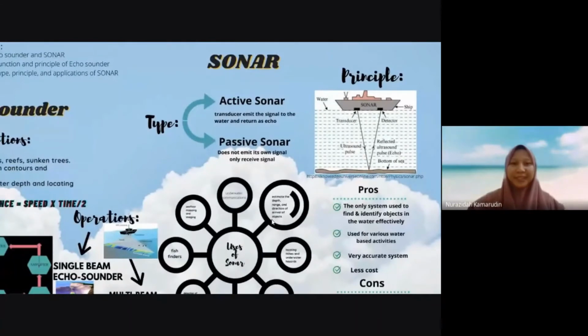For the sonar, sonar stands for sound navigation and ranging. Sonar systems have many similarities to radar and electro-optical systems. The operation of sonar is based on the propagation of waves between a target and a receiver.